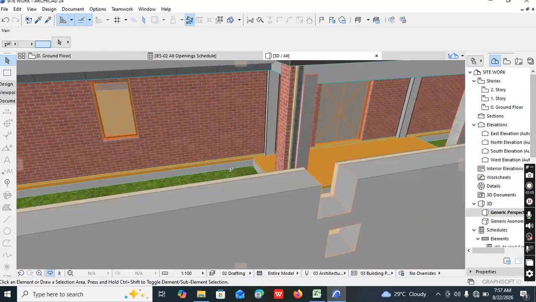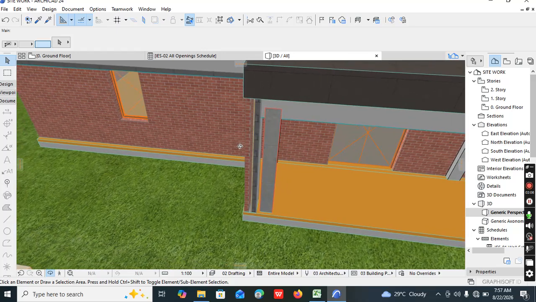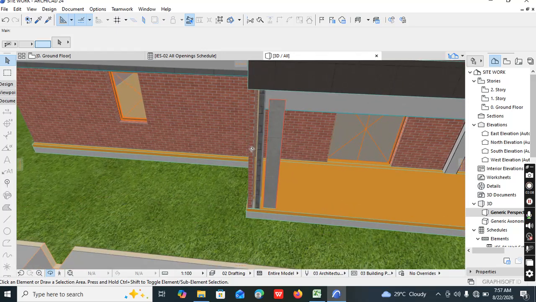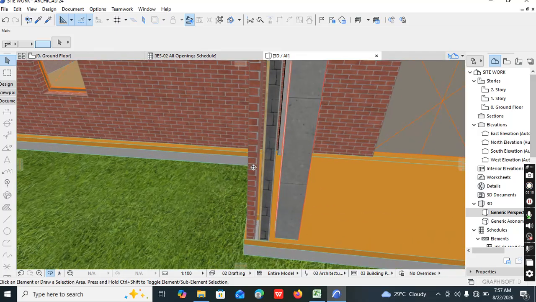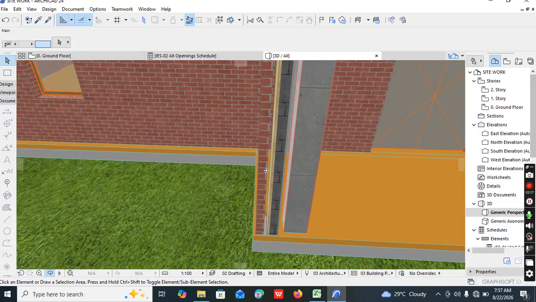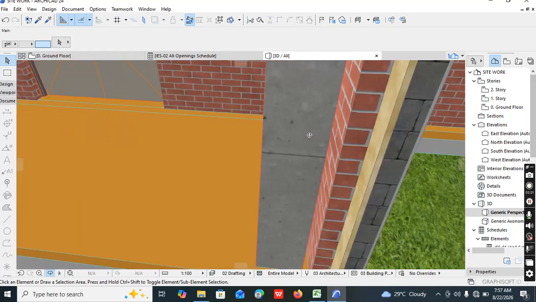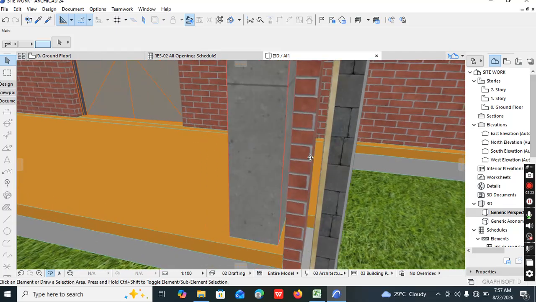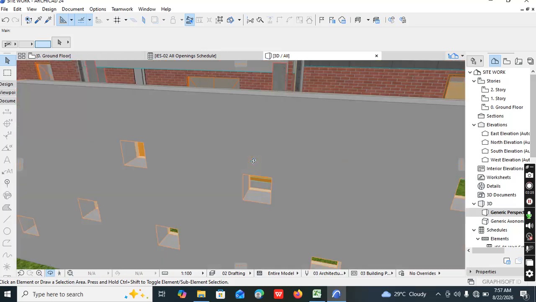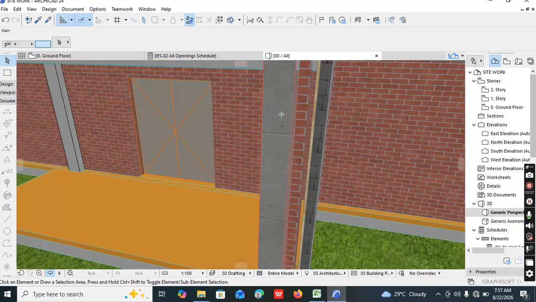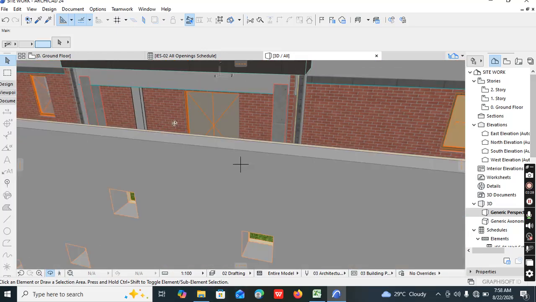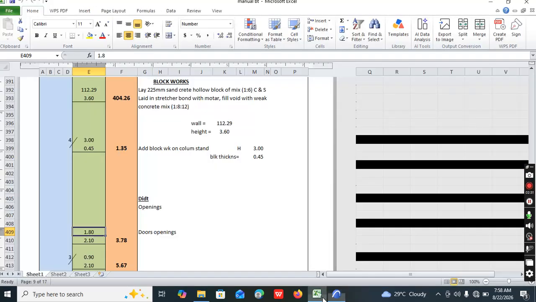If you look well, you will see that there is a block wall here, apart from this reinforcement column. This one is block wall, this one is block wall, and I still have it at this corner. This is just a block wall. So that is what I added with the height. So we go back to the class.